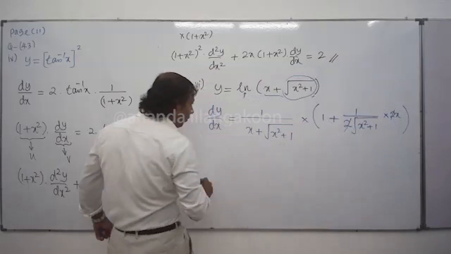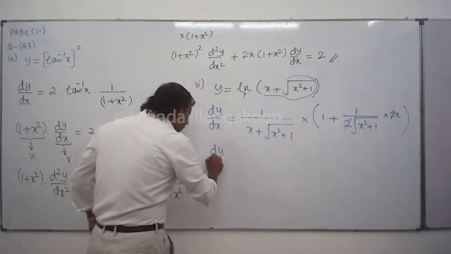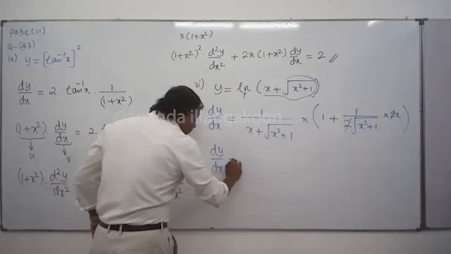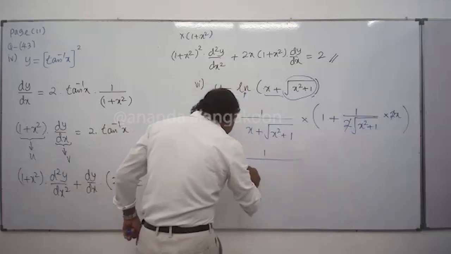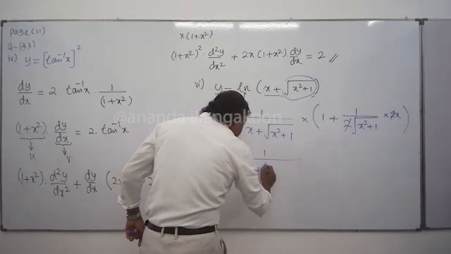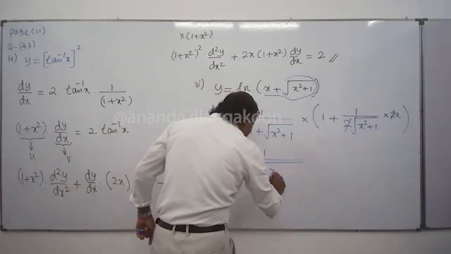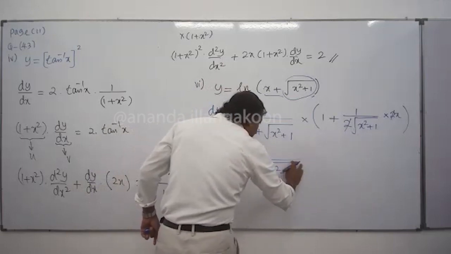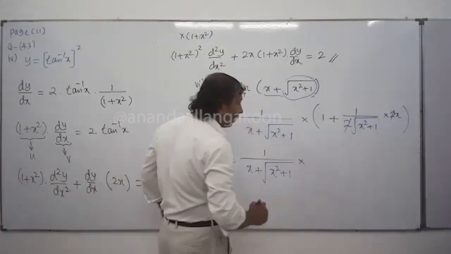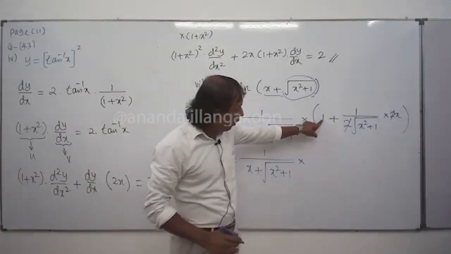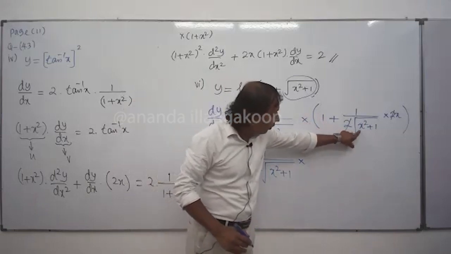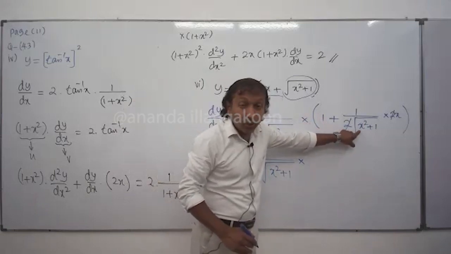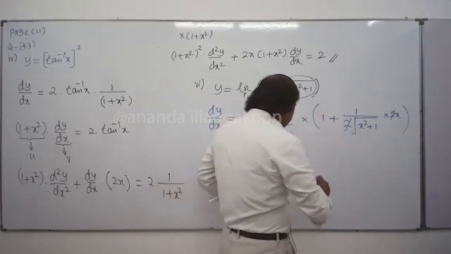Right. Now we'll simplify this furthermore, people. dy by dx is equal to 1 upon x plus square root of x squared plus 1 multiplied by, people, now this 1 has the denominator 1, no? Then I can take this root x squared plus 1 as common denominator there.